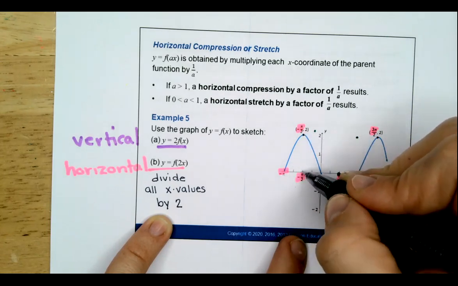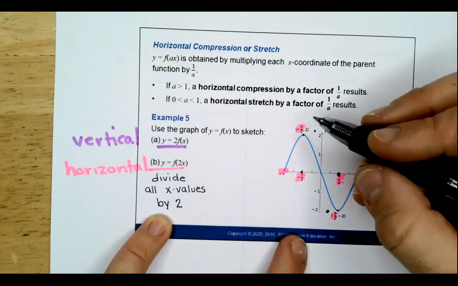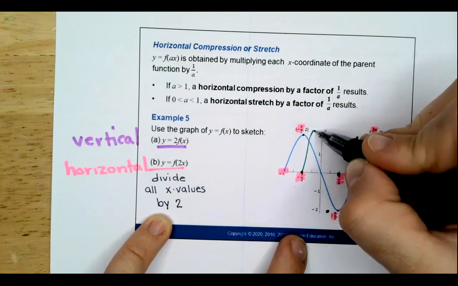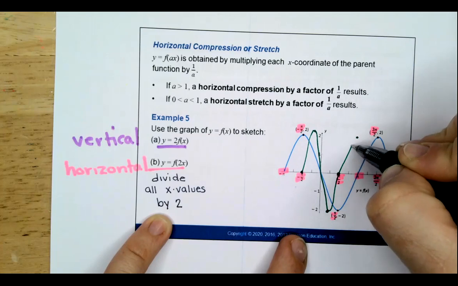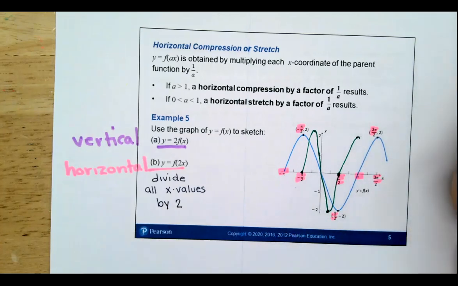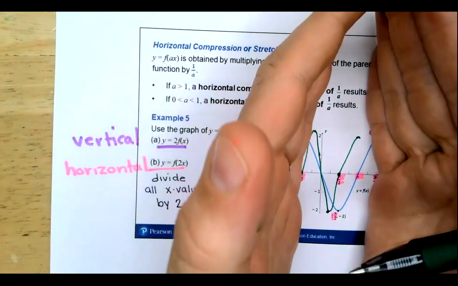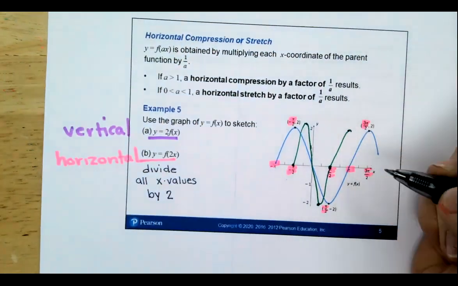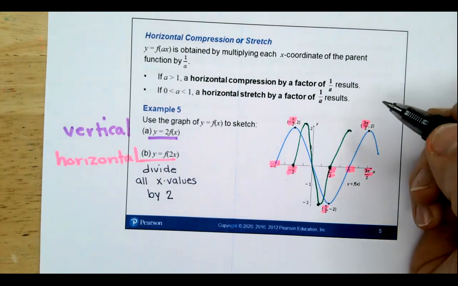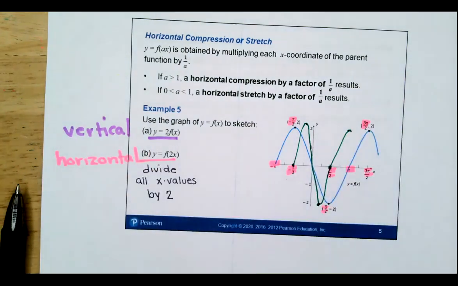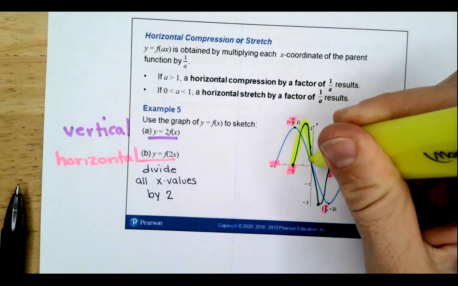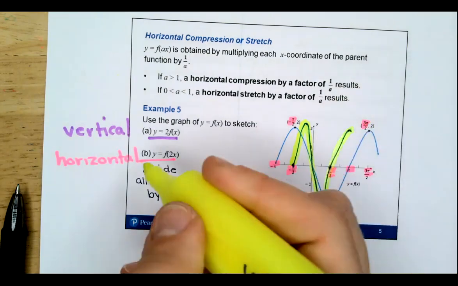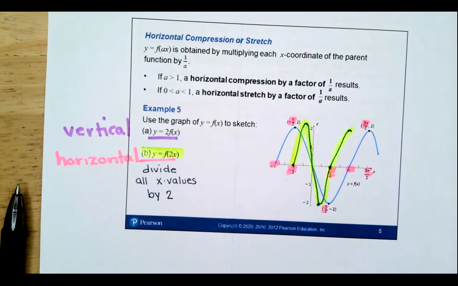And then negative pi becomes negative pi over 2. So you have the same height, but we go through the origin still, but we've shrunk our graph horizontally in half. Okay? So that's what it looks like if it becomes y equals f of 2x.